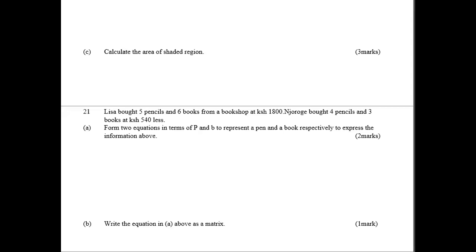So now, I want us to remember how to solve simultaneous equations by matrix method. And the first thing is to get the determinant. How do you get determinant? It is the leading diagonal multiplied, leading diagonal minus trailing diagonal.